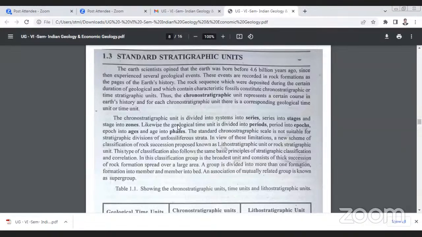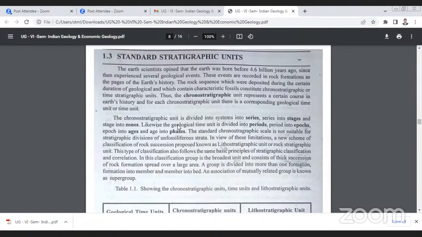The rock sequences were deposited during a certain geological duration, which required geological activity, and they contain characteristic fossils.